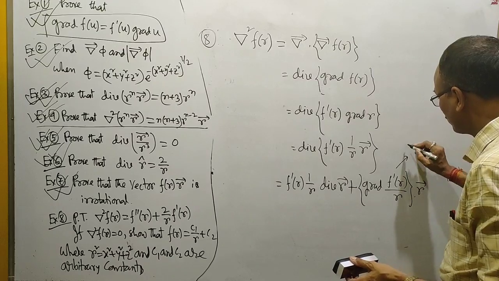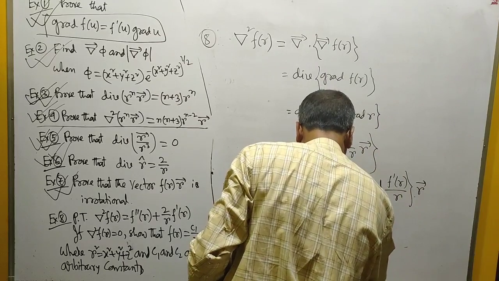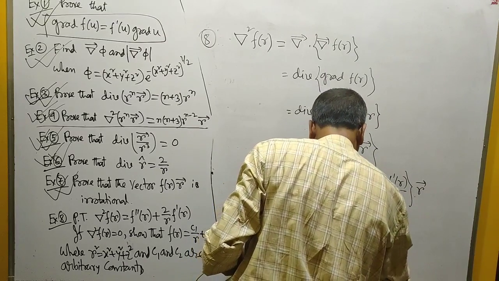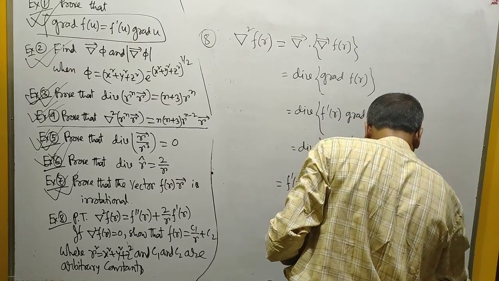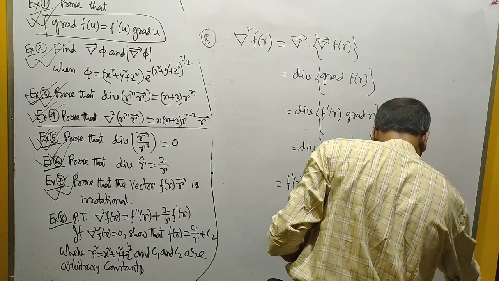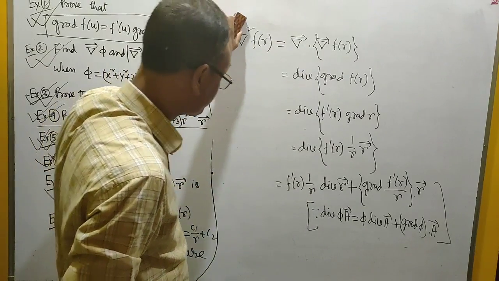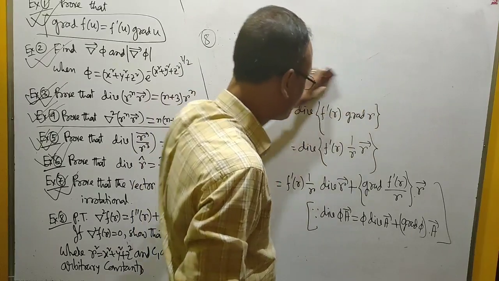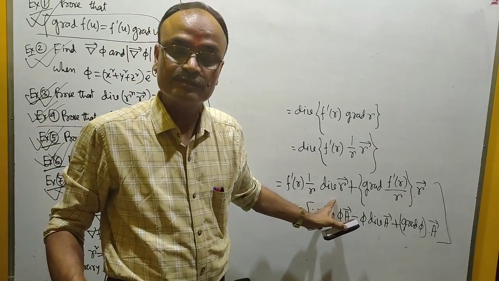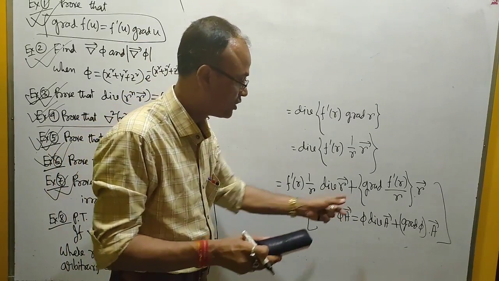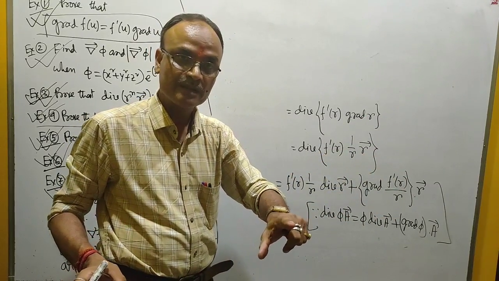We have applied the identity: divergence of phi A vector equals phi times divergence of A vector plus gradient of phi dot A. Now, the divergence of r vector is 3, because the divergence of r vector is del dot r vector, where r vector is x i cap plus y j cap plus z k cap.